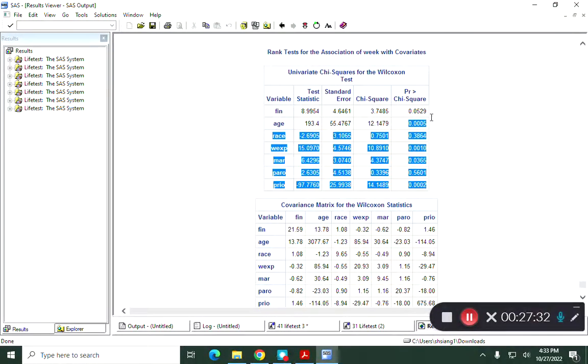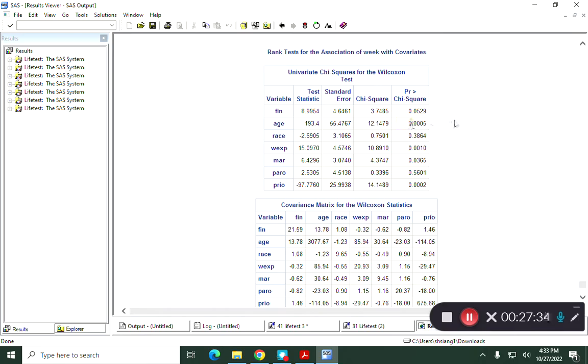Age we did not test, but age is significant. Okay? They have probably multiple age groups. Race is not significant. Okay? Work experience is significant. Okay?